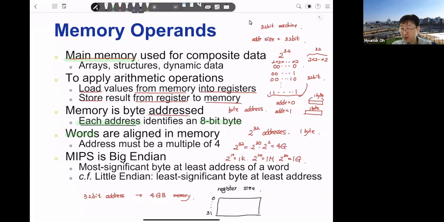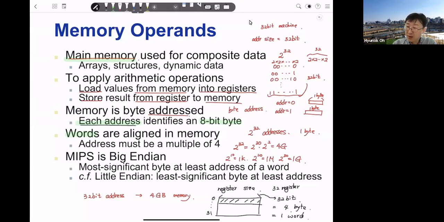So there are 32 registers, and each register size is also 32-bit. How many bytes is 32 bits? 4 bytes. So this 32-bit, or 4 bytes, is called one word. The basic transferring unit between register and memory is the word size, because a register is one word.